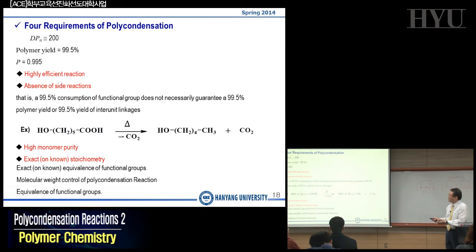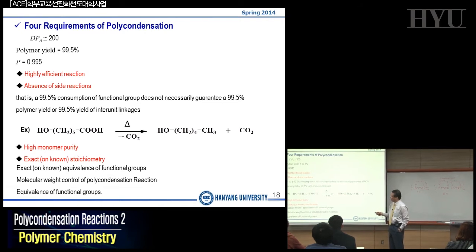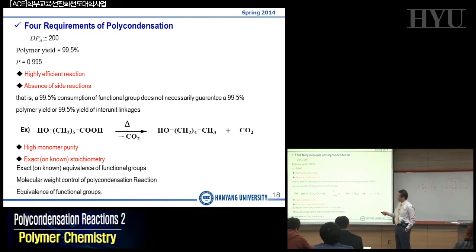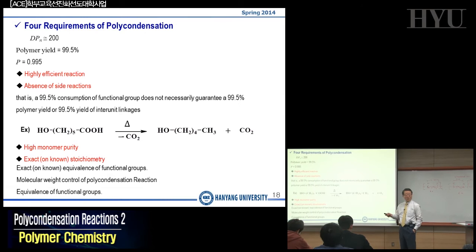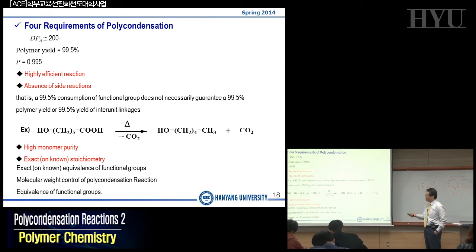Side reactions, such as the one here in this case. If I have this type of hydroxy acid, and you heat it up, because this is an AB type of monomer, you should have an ester.